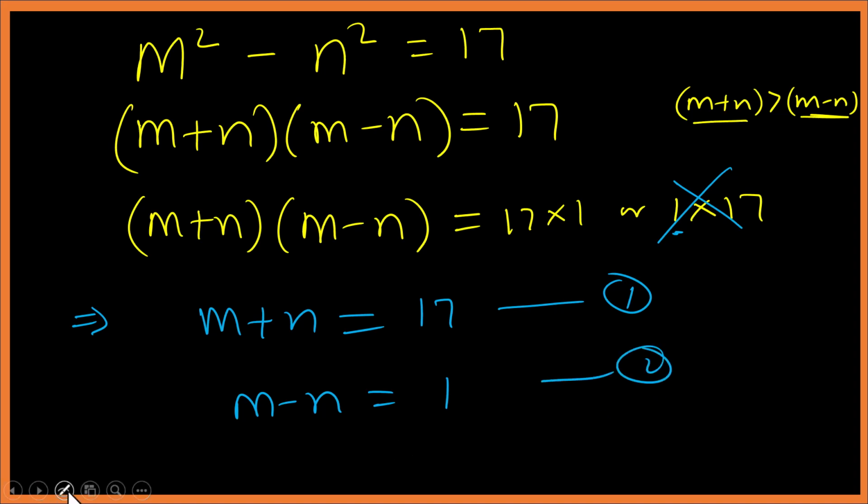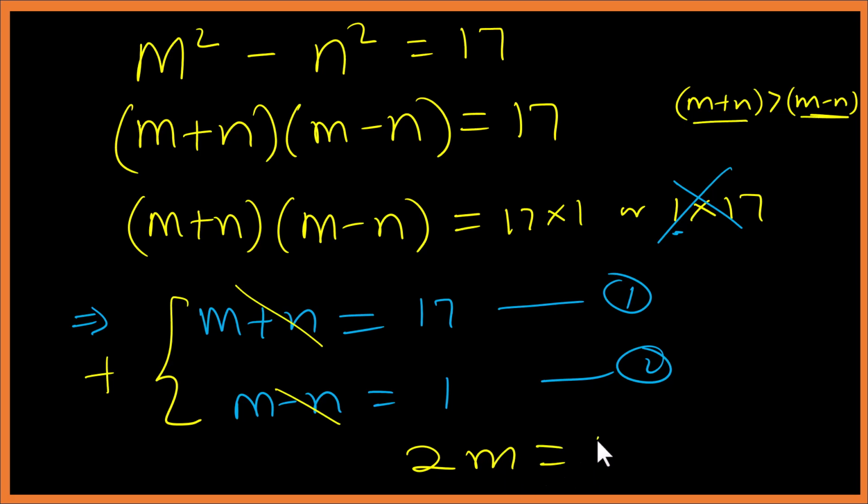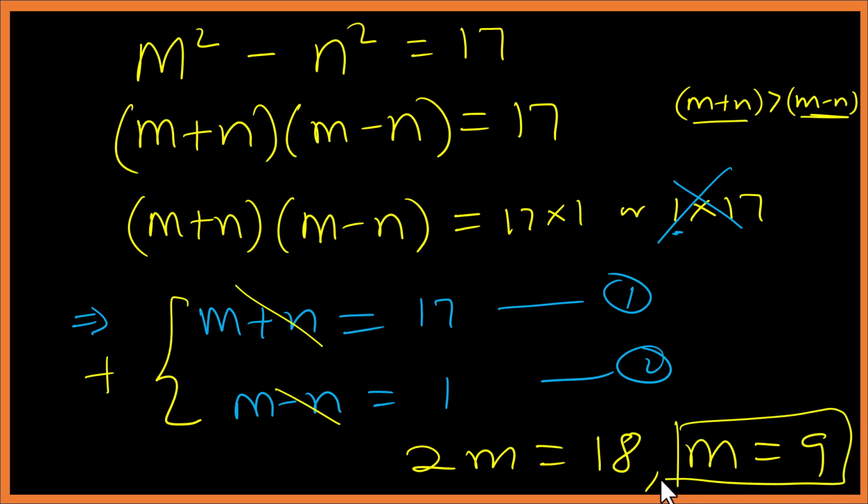So let's put equations 1 and 2 together and add them. The idea is to get rid of n here. So we have 2m equals 18. Therefore, m is 9. Knowing m, we can use any of the equations to solve for n.